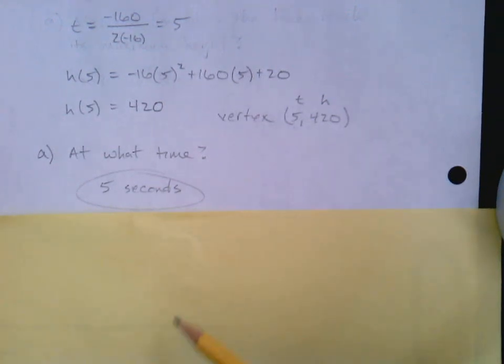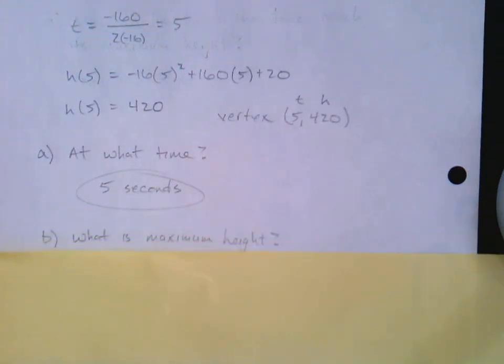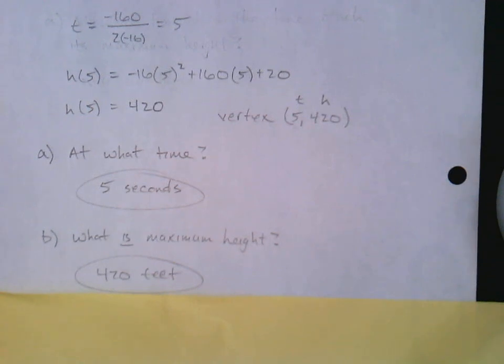If you think of an object flying through the air, if it took 5 seconds just to get to the very top, that's really going high up into the air. But that's okay. Then part B was, what is the maximum height? Well, that's the h, 420, and here it was feet. So there's the answer to number 2.